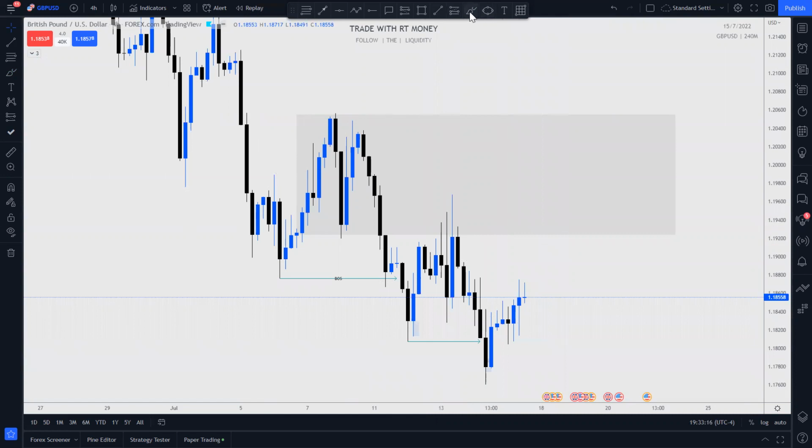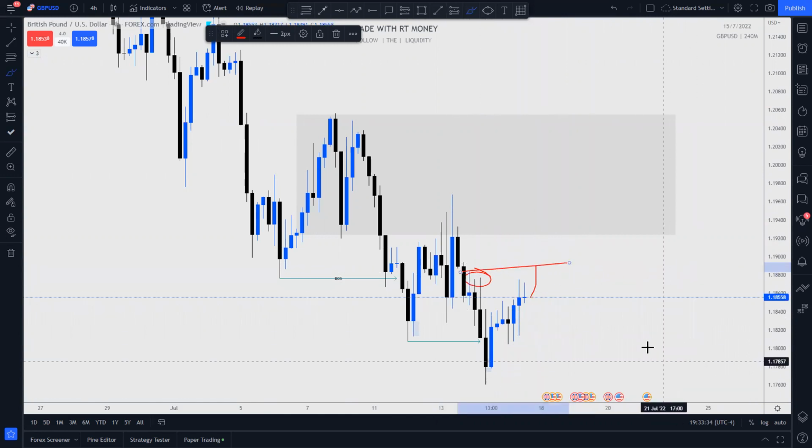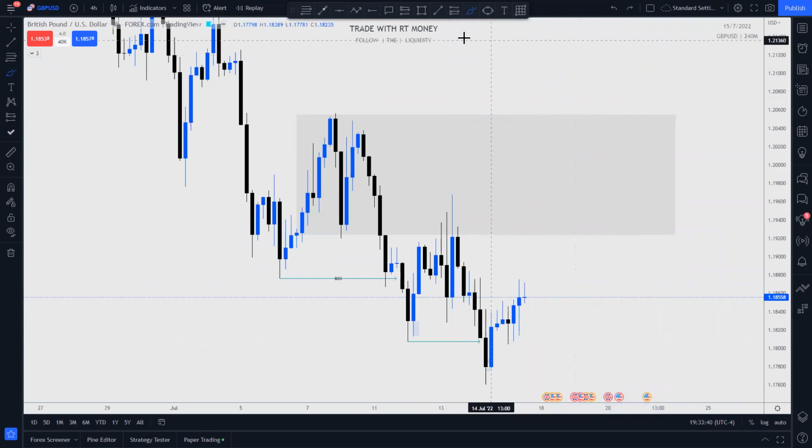And what I'm going to expect come Sunday open is maybe these wicks here will provide liquidity for the open. Maybe price comes up here to take these wicks out, and we'll see price respect the supply here.